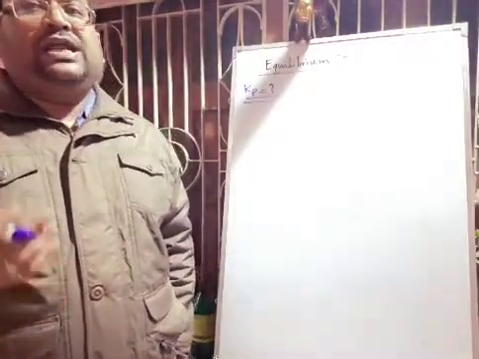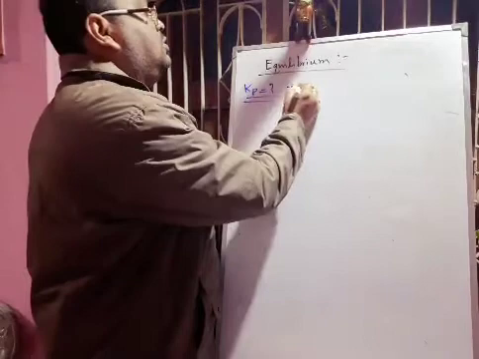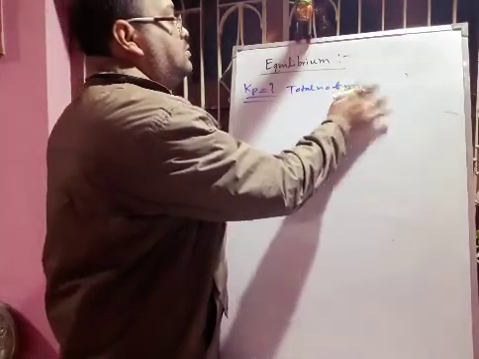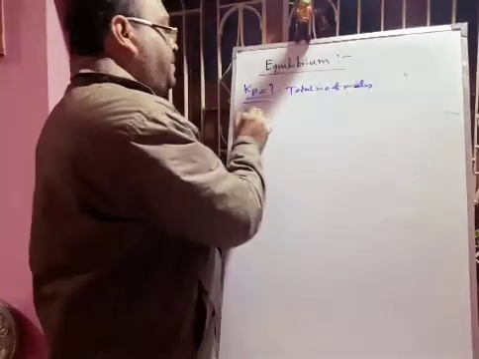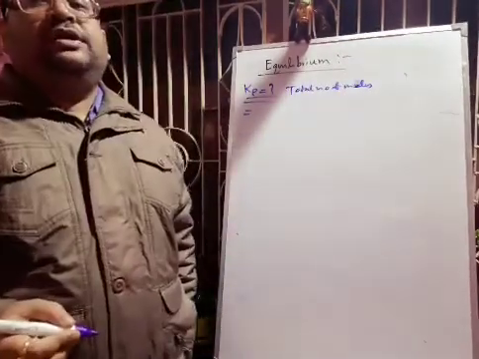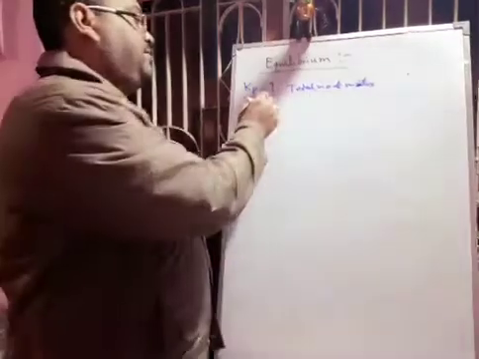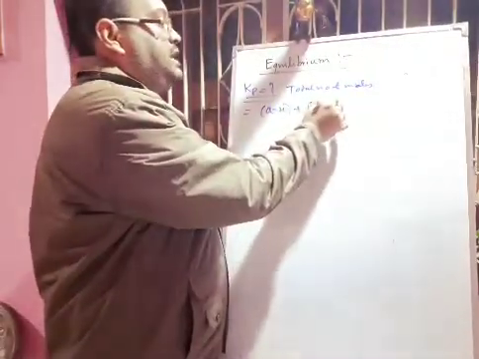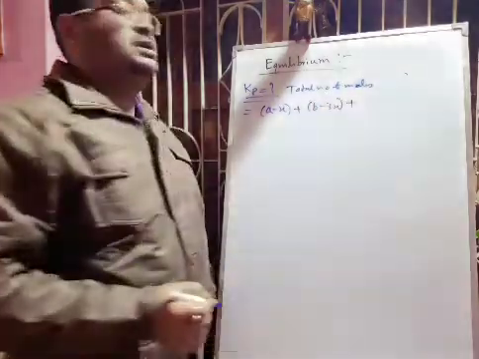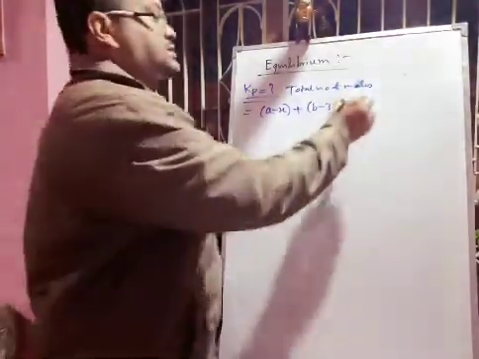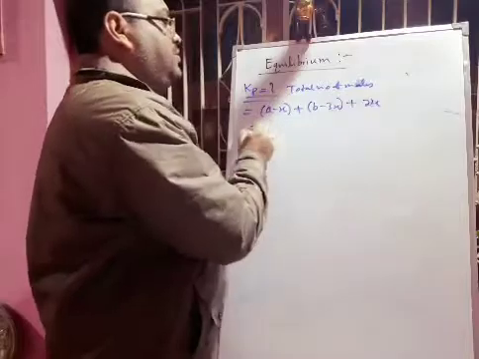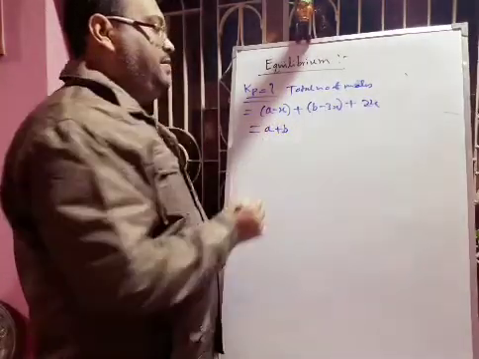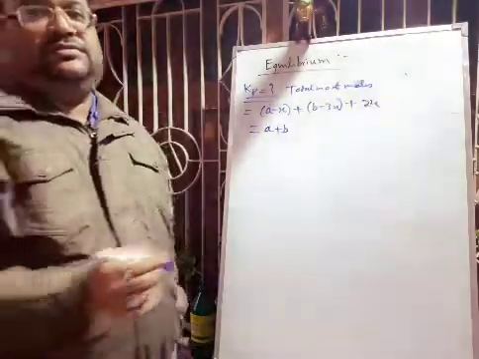The total number of moles will be equal to A minus X plus B minus 3x plus ammonia, which is coming twice X. So if you calculate, you will get A plus B minus 2x.